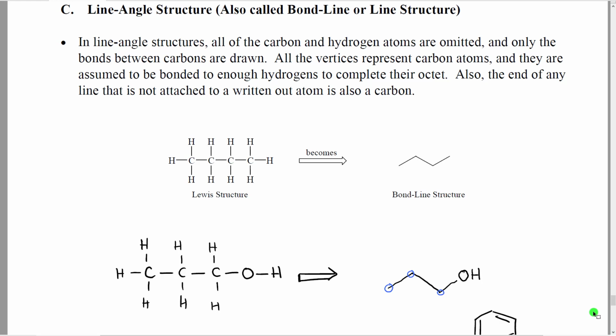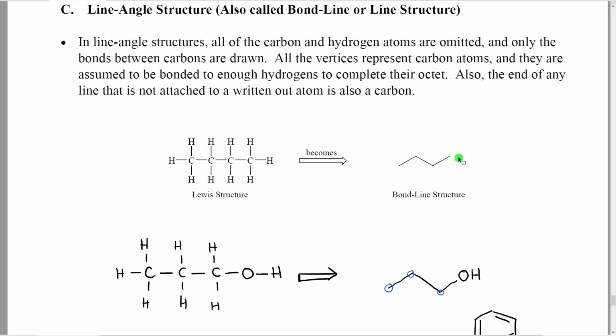We will, however, write the atomic symbol for any other elements that would be attached on the end of a bond. So if we look, for example, at our chain of 4 carbons, this becomes this structure right here. In this structure, we have a carbon on the end with a bond to a second carbon, a bond to a third carbon, a bond to a fourth carbon.